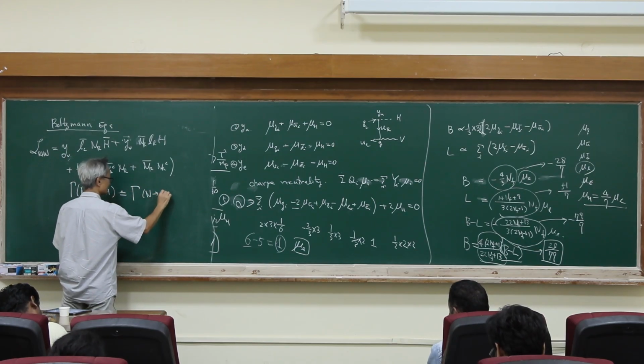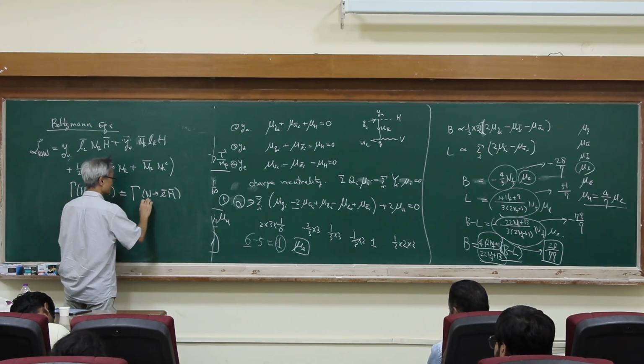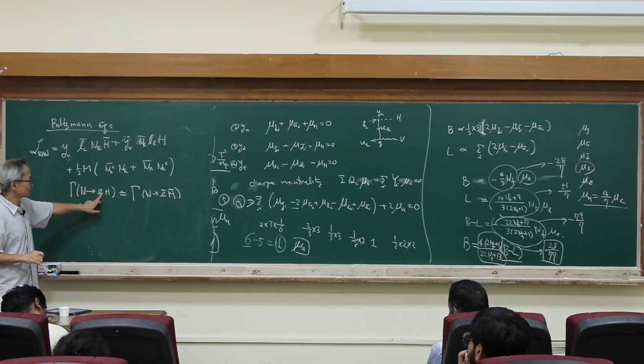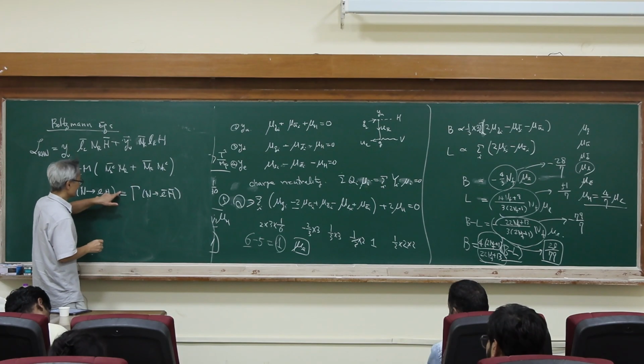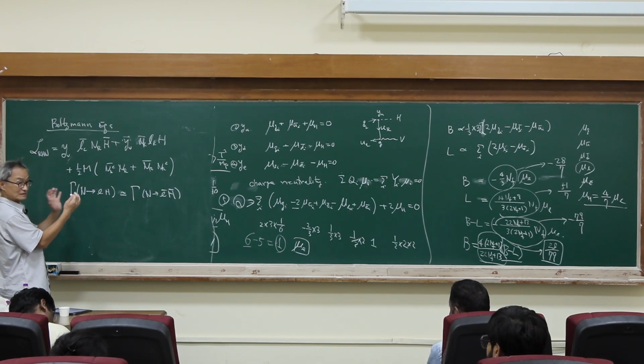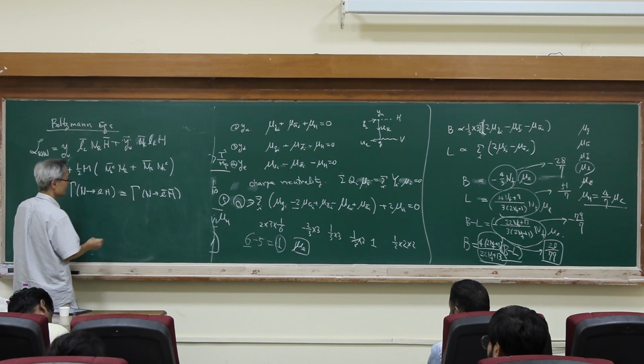This is a neutral particle, so it can decay to both lepton and anti-lepton. At tree level, their branching ratio should be the same.